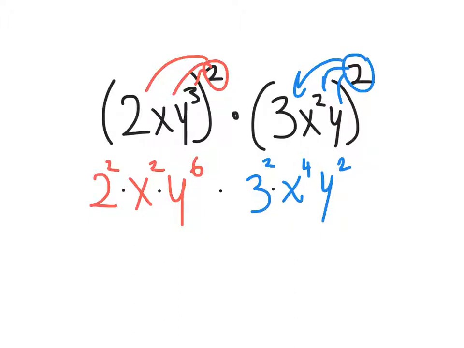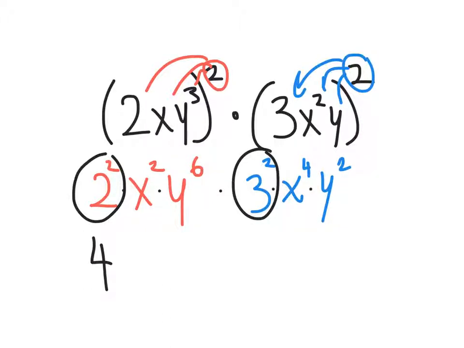Perfect. And now we really do have multiplication between all the terms. And what could we do? We could actually do 2 squared. What's 2 squared? 4. And what is 3 squared? 9. Now, notice I put the 4 right here. I want to put the 9 right next to it. Now, keep in mind, we are multiplying on all these.